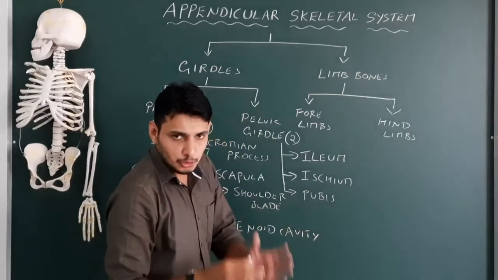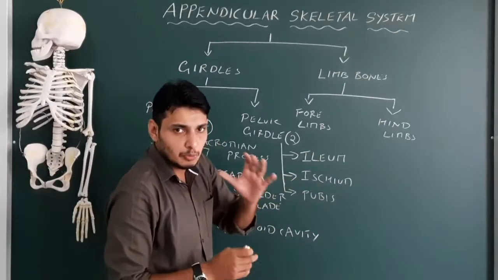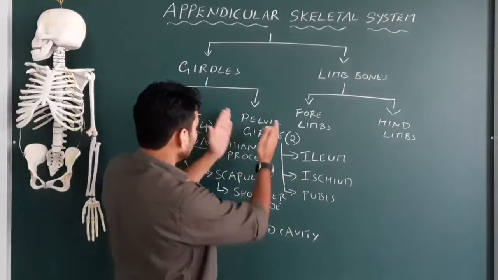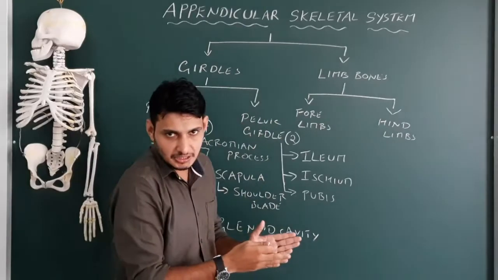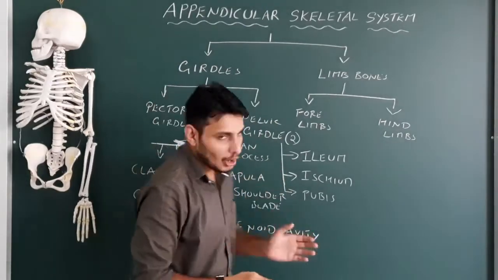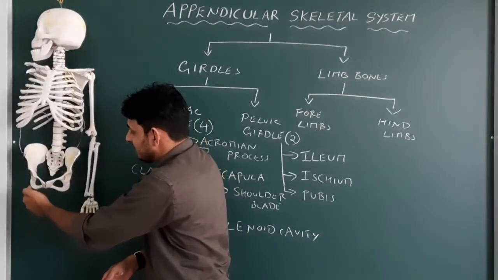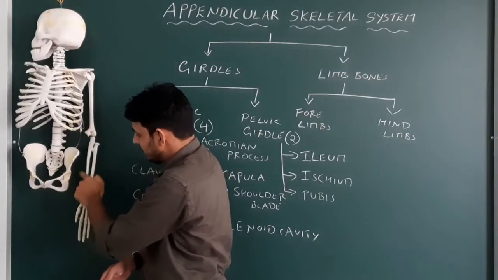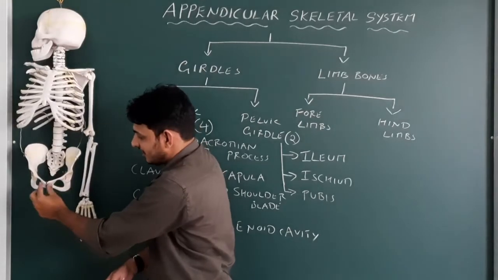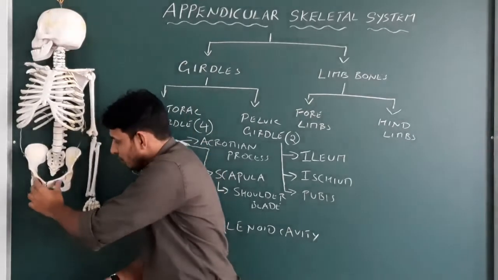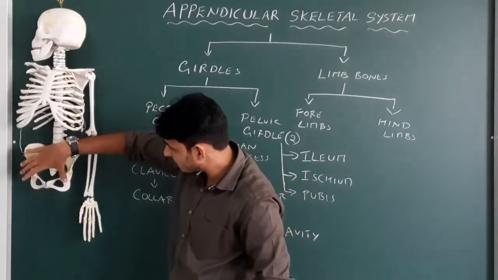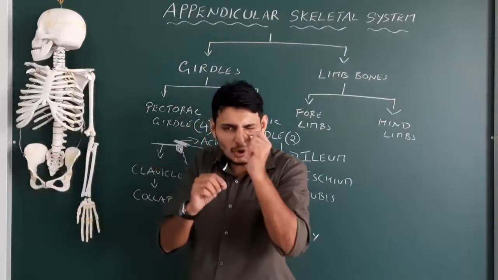Ilium, ischium and pubis are the three important tiny bones which are fused to make one large bone, that is called the pelvis or pelvic girdle. So on each pelvic girdle we have ilium, ischium and pubis. Now these two pubis of different pelvic bones are attached by a small cartilage.